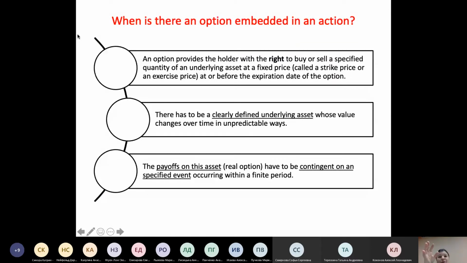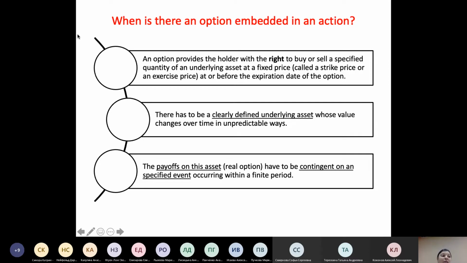And a few words about the theoretical side of our real option. An option provides the holder with the right to buy or to sell a specified quantity of the underlying asset at a fixed price before the expiration date of the option or on the expiration date of this option.